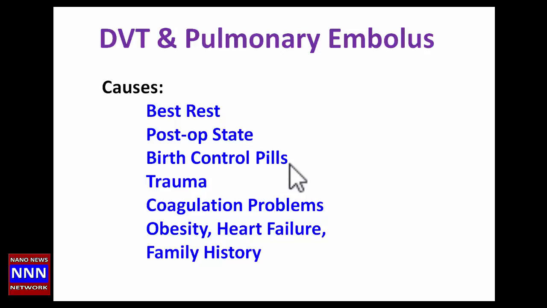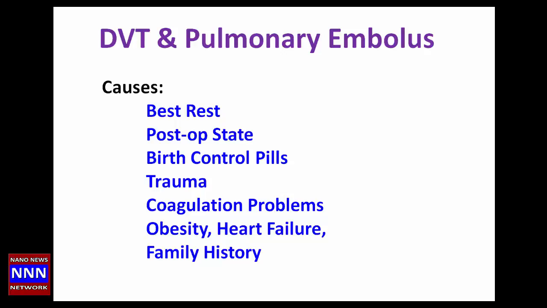And women who are taking birth control pills have also been seen to be at increased risk for development of deep venous thrombosis and sometimes big pulmonary emboli. Trauma also can lead to damage to the veins, which can initiate a blood clot formation, which can then move on into the main venous system and eventually end up in the lung.